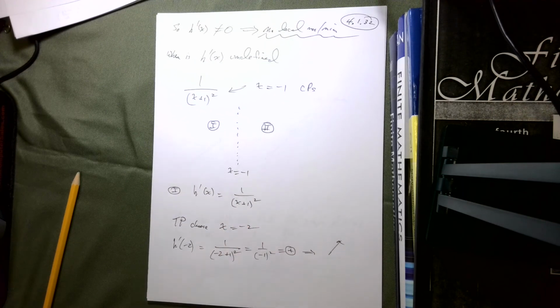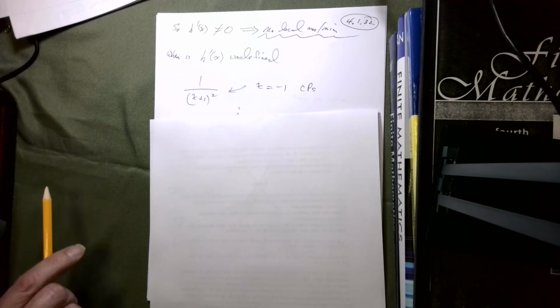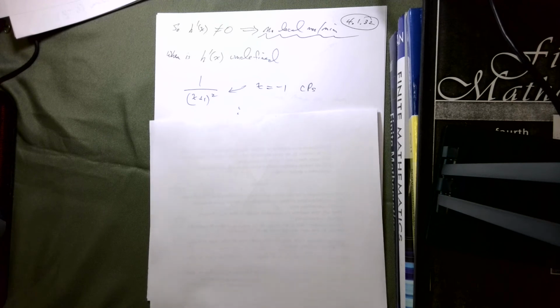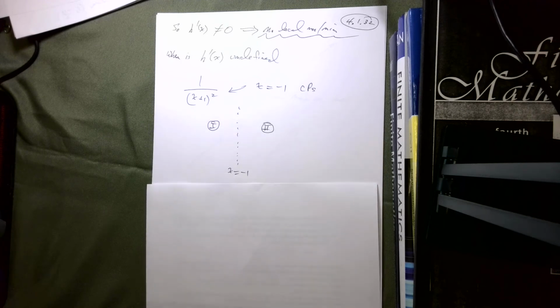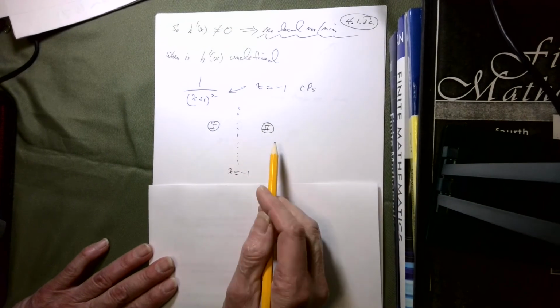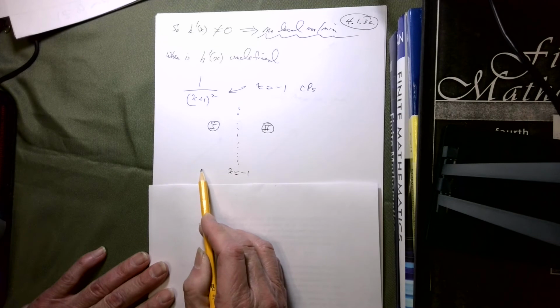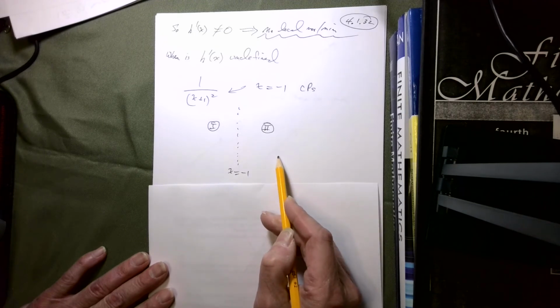So let's move that up. We have a critical point in the sense that the derivative is not defined at -1, means we separate it into two what? Regions. To the left of -1 and to the right of -1. So what's my test point going to be in region 1? How about a -2? What's my test point going to be in region 2?